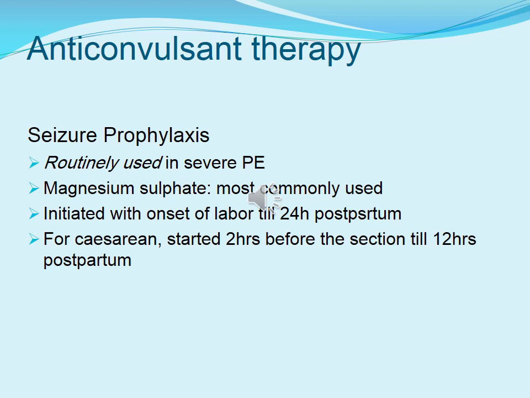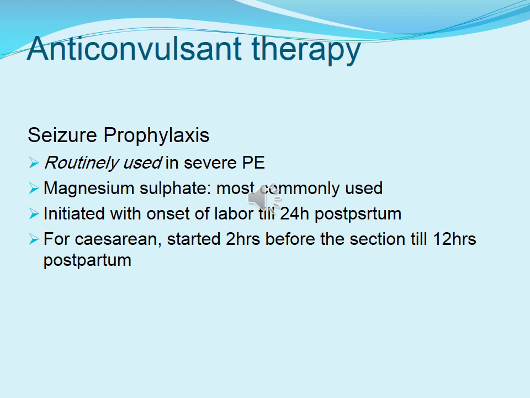What is the anticonvulsant therapy? How do we prevent seizures? Seizure prophylaxis is routinely used in severe PE to prevent the occurrence of a fit. Magnesium sulfate is most commonly used, initiated with the onset of labor until 24 hours postpartum, for those who have a normal vaginal delivery.